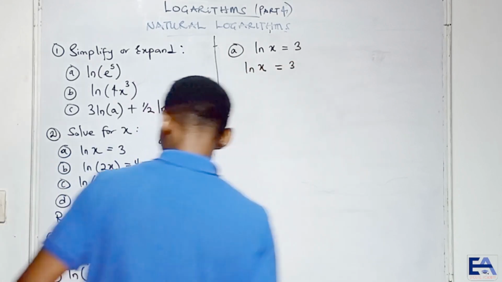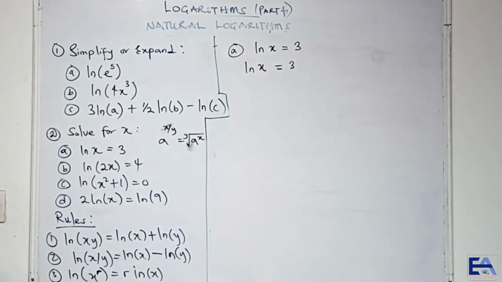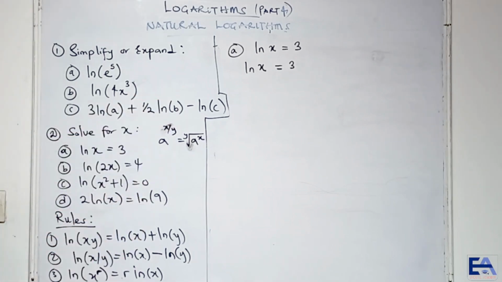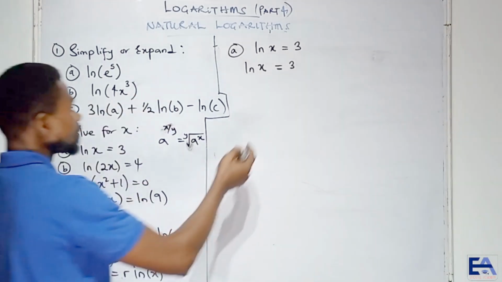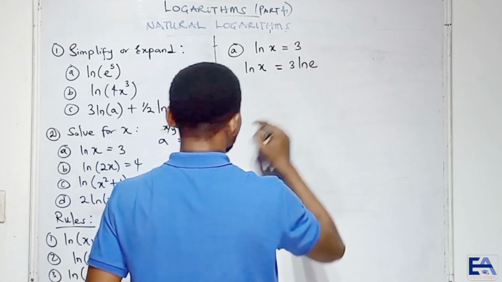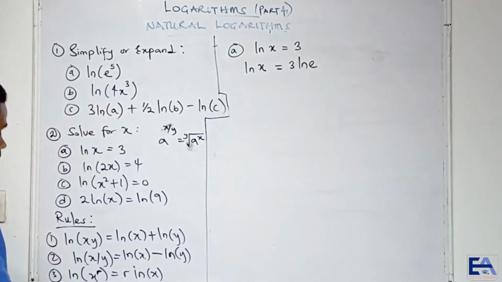So the best thing to do here is to use the rule that says ln e is equal to 1. If you want to introduce ln on the other side, you can just say ln e, since ln e is equal to 1.